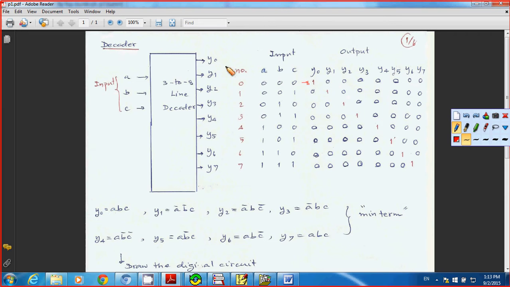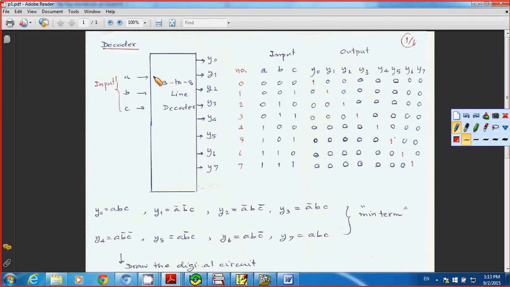If you want the logic of the output to be 1, you can set Y0 to be 1, and then for the next input, 0, 0, 1, that corresponds to the output Y1 being 1 only, and the rest are 0. The rest follow the same pattern. That's why we call it a decoder. When you have 3 inputs, you can relate each input to your output as shown on the truth table.